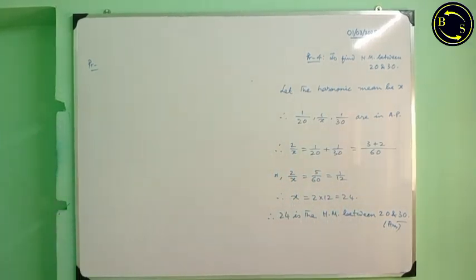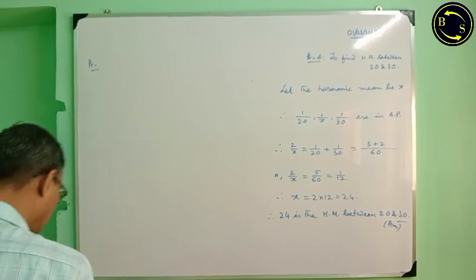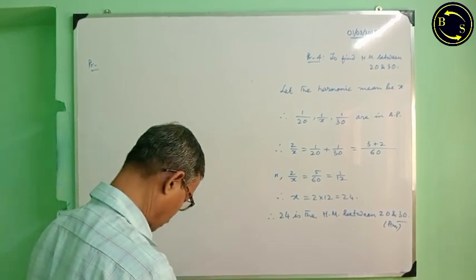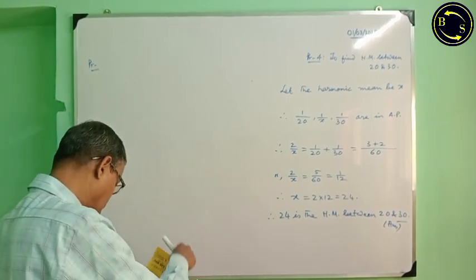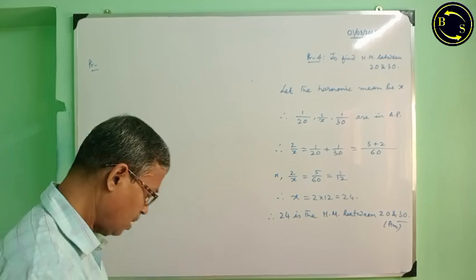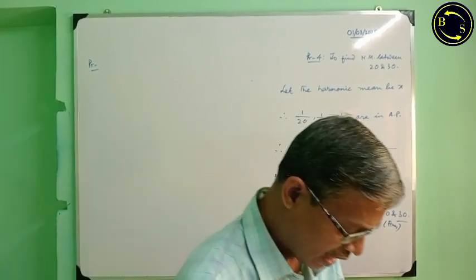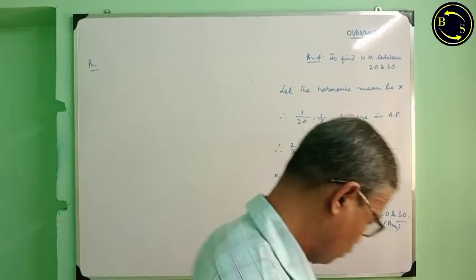Next, fifth sum. This sum is, if B be the harmonic mean between A and C, then we have to prove a relation.